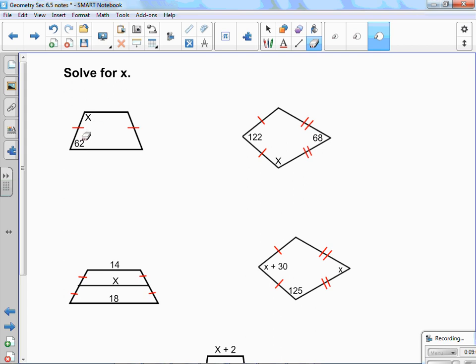And if it's an isosceles trapezoid, then we know that the base angles are going to be congruent. So if this bottom one here is 62, then the other base angle on the other side would have to be 62. And if this one is x, then the other one is x.